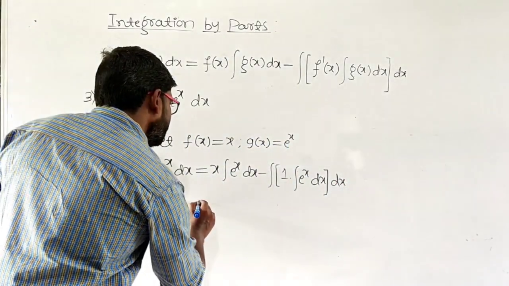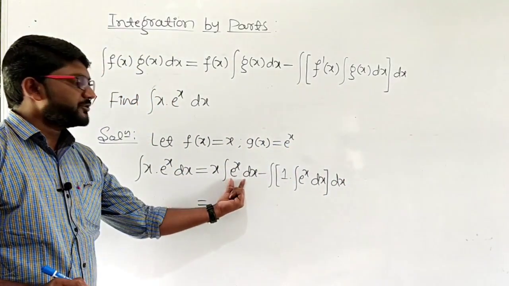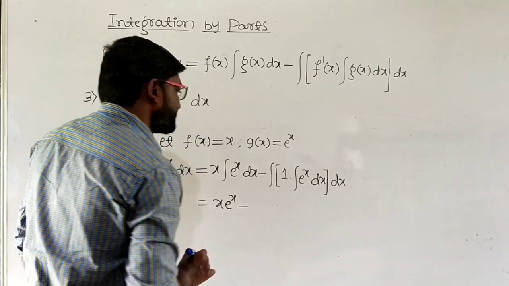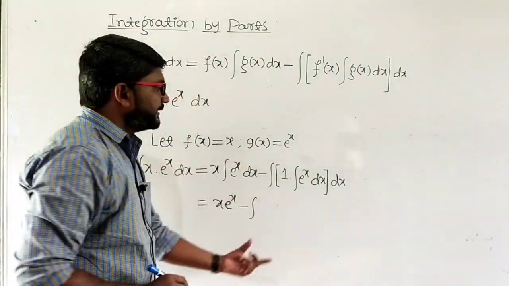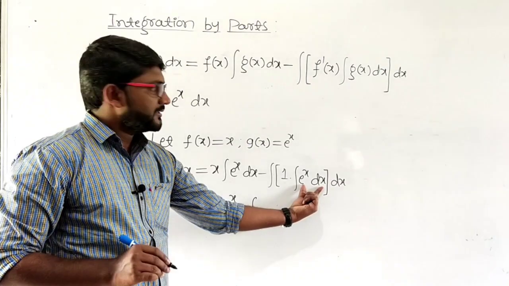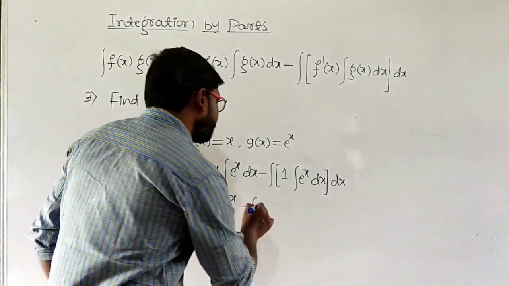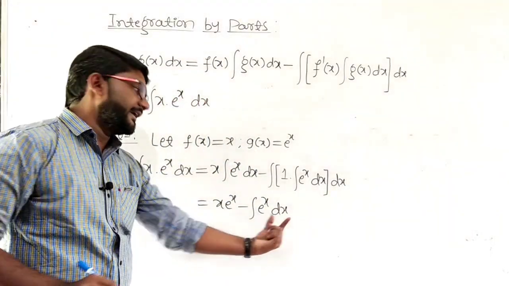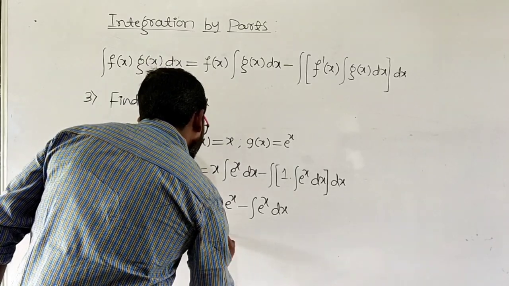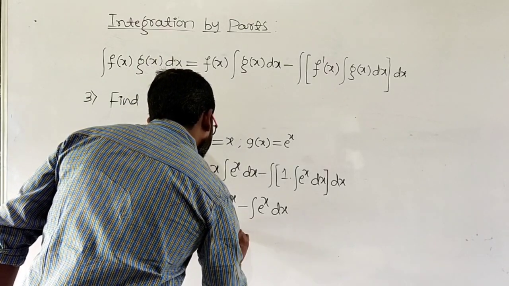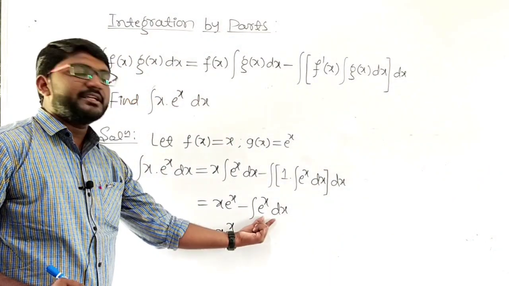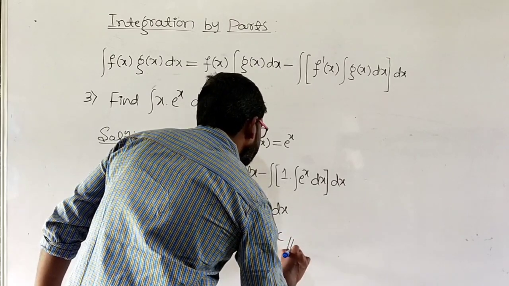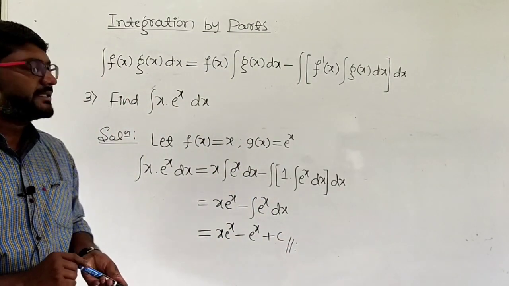What is the integral of e raised to x? It is e power x itself. So x into e power x minus the integration of e raised to x with respect to x, which is e power x itself, plus c. So this is the answer for the third example problem.